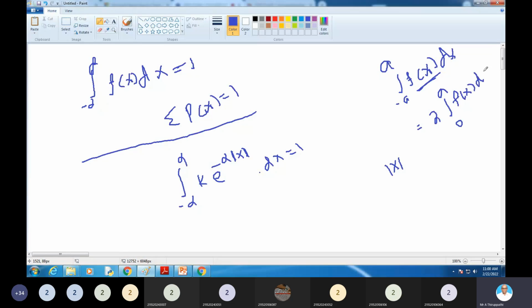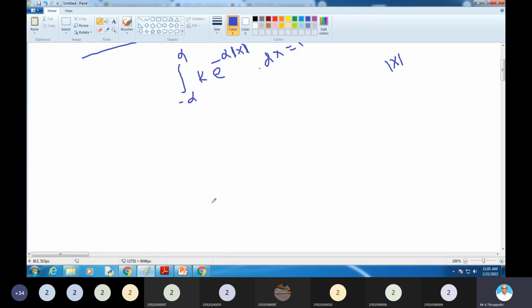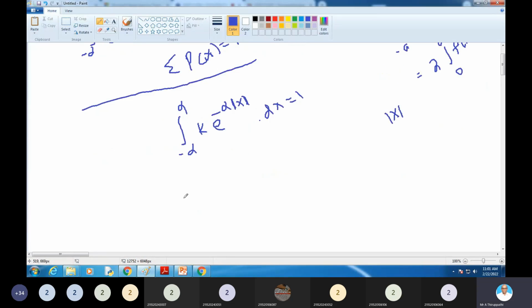The lower limit becomes 0. Now, e to the power minus modulus of x is an even function, so applying the formula, 2 times the integral from 0 to infinity.